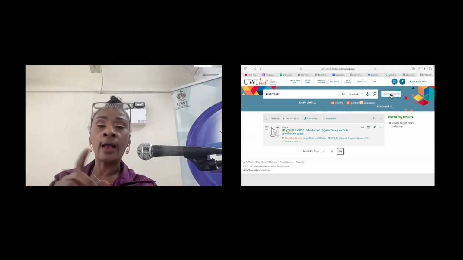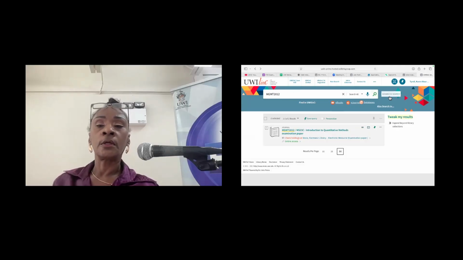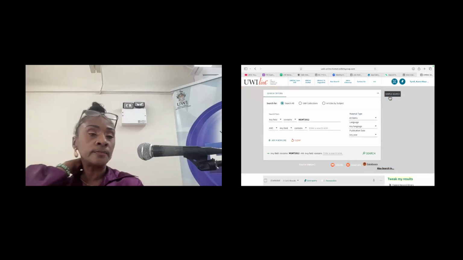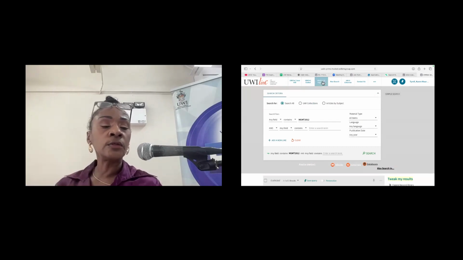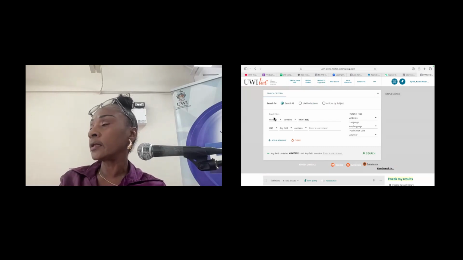I'll try the database again, but let's try advanced search. Basic search is what we did before, so let's try advanced search. In advanced search, you can use your Boolean operators. Are you familiar with the Boolean operators, the AND, the OR, and the NOT?